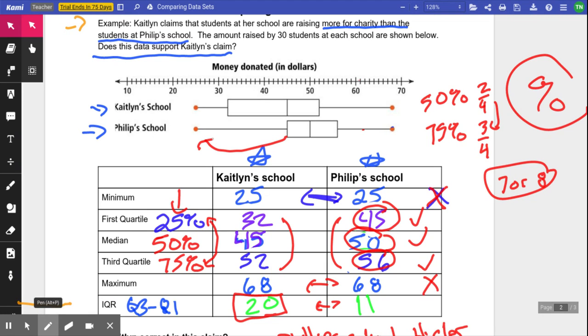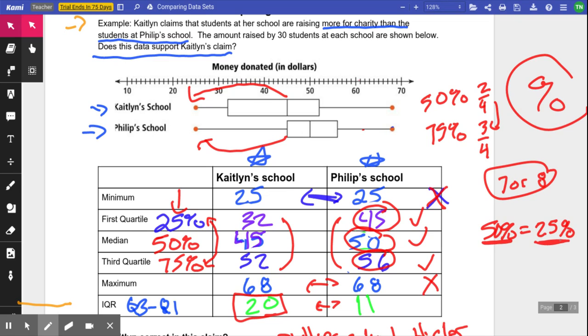The lowest 25% of Philip's school raised the same amount of money as the bottom 50% of Caitlin's school. So half of Caitlin's school raised equal to the bottom 25% of Philip's school, meaning it took a lot more students for Caitlin's school to raise the same amount of money as 25% of Philip's school.